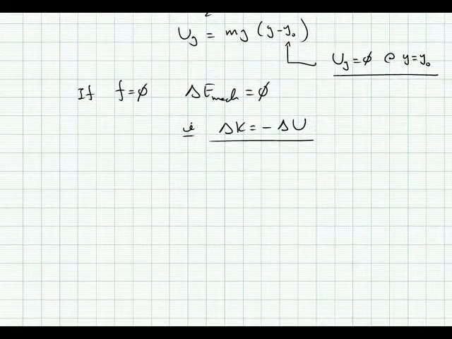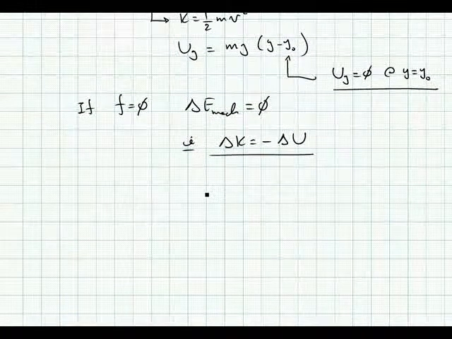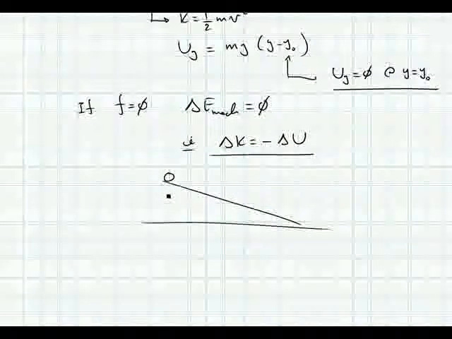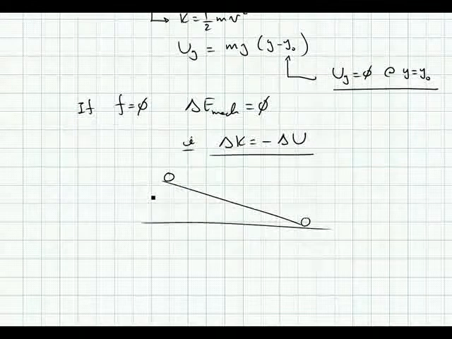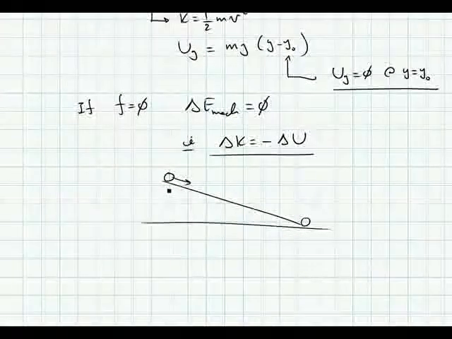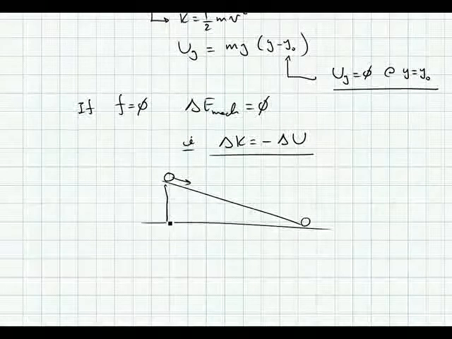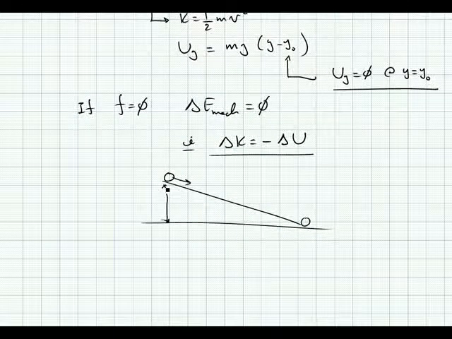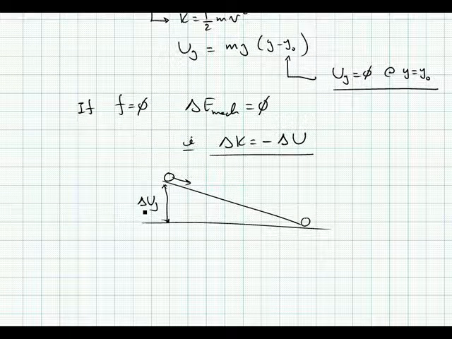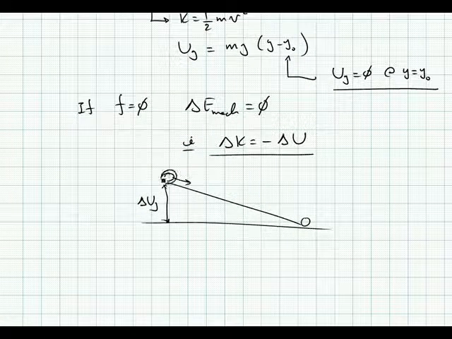i.e. the change in the kinetic energy is equal to the negative of the change in the potential energy of the system. And we used this argument to, for example, figure out the speed of an object at the bottom of a ramp, knowing the change in the gravitational potential energy of the object going from its initial position to its final position.